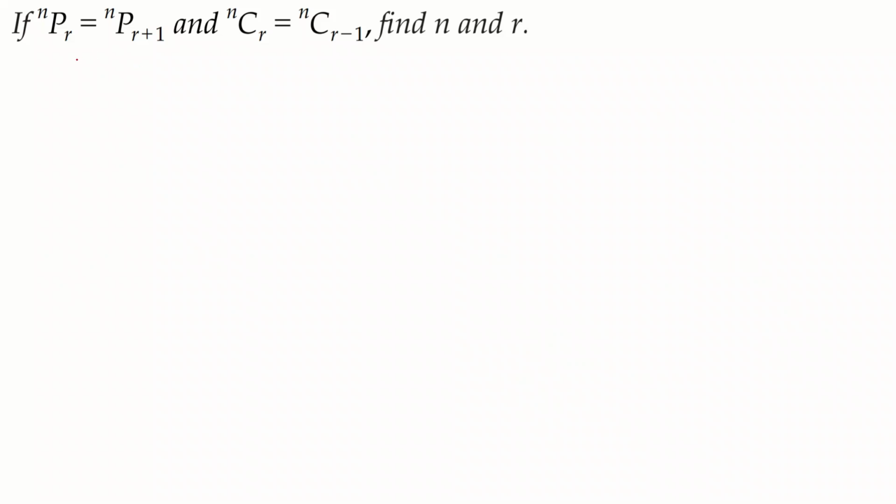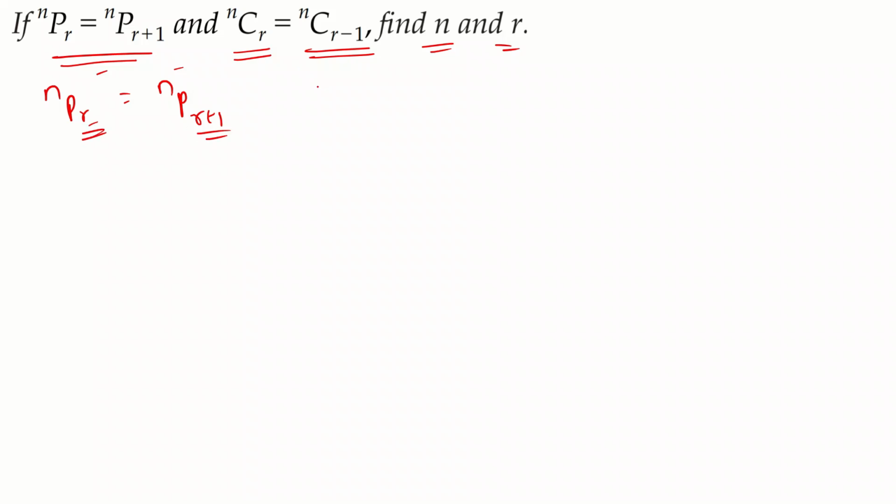Alright, we are given two relations, nPr is equal to nP(r+1) and nCr is equal to nC(r-1), and then you have to find out the values of n and r. Okay, so let's try. If nPr is equal to nP(r+1), then we cannot have n equal to r, because this will give us 0 equal to 1.